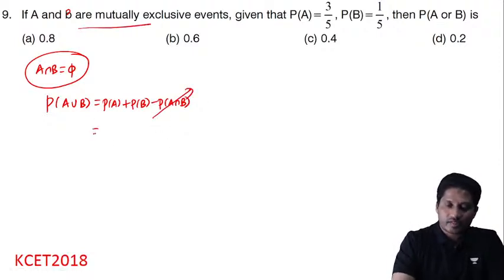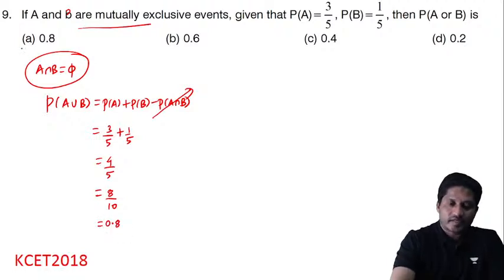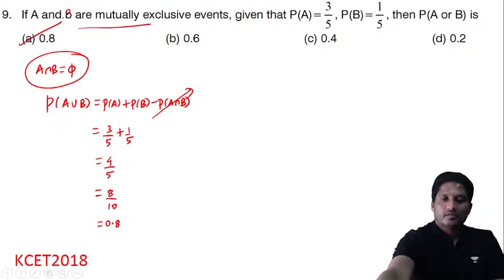P of A is equal to 3 by 5 plus 1 by 5, which is equal to 4 by 5. 4 by 5 is the same as 8 by 10, which is 0.8. The answer is option A. Let's move to the next question.